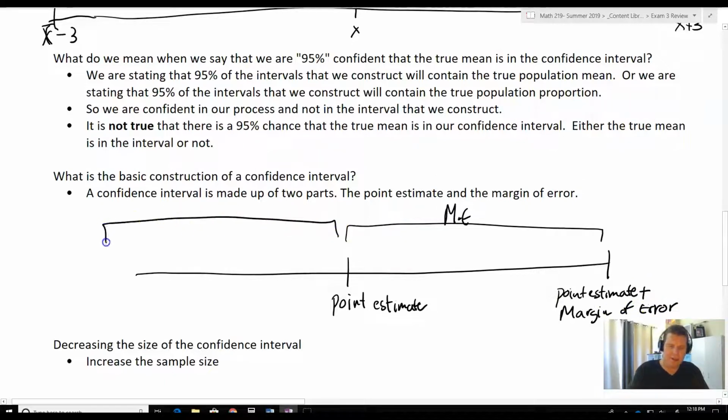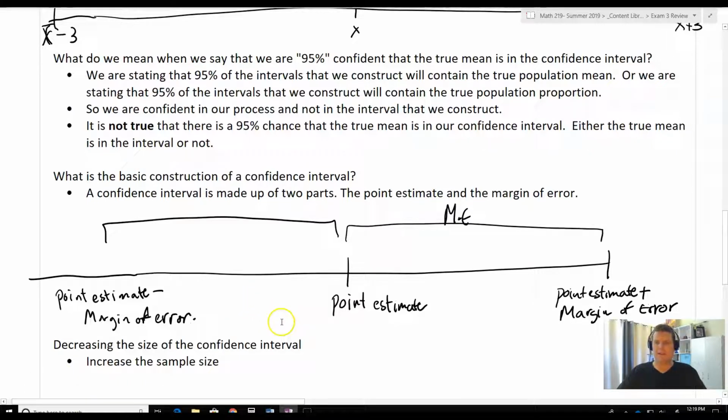And then this one over here is going to be the point estimate minus the margin of error. Okay, great. So that's the basic idea of confidence levels, confidence intervals, and what we mean by being confident, and how we actually construct an interval. We'll do some examples of this in just a little bit in some later videos.